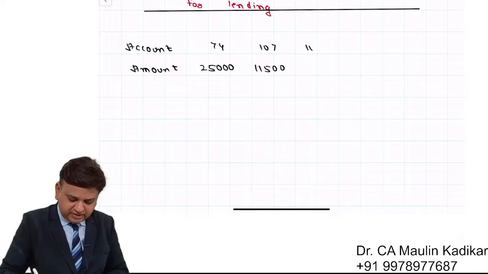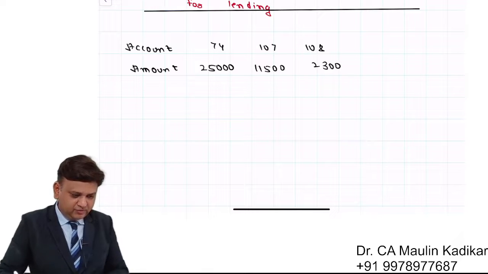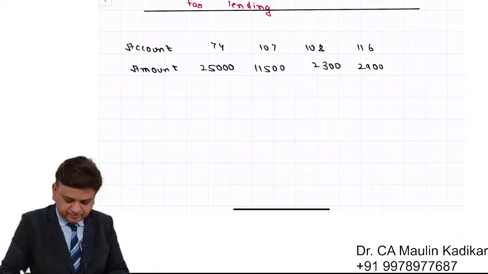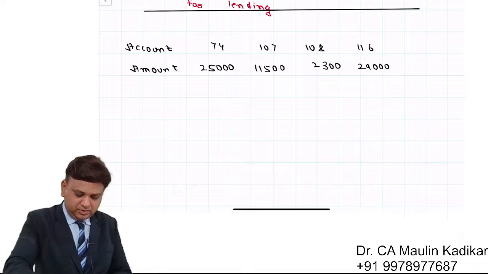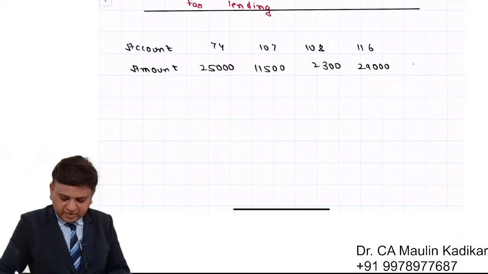Account number 108, amount is 2,300. 116, and the amount is 29,000. Based on that, we can compute the total: 25,000 plus 11,500 plus 2,300 plus 29,000. So that comes to 67,800.